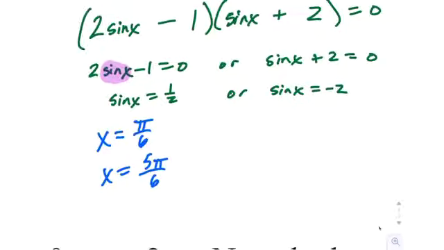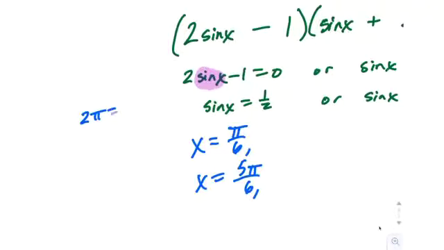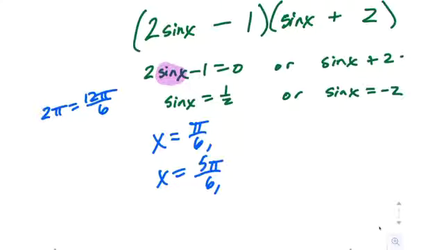So remember, we wanted them between negative 4 pi and 0. So I need to subtract 2 full rotations from each of those. So what's pi over 6 minus 2 pi? Or in this case, a good version of 2 pi to use, as we've already seen, is 12 pi over 6. So what's 1 pi minus 12? Negative 11 pi over 6.